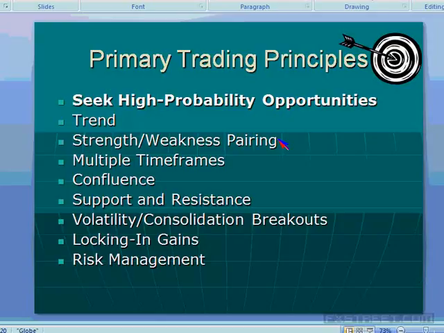Because of that fact, we could take the strongest and weakest currencies, pair them together, and we have a stronger or magnified or even a doubling of our directional bias because we're buying the strong and selling the weak simultaneously, as opposed to just buying the strong or selling the weak.